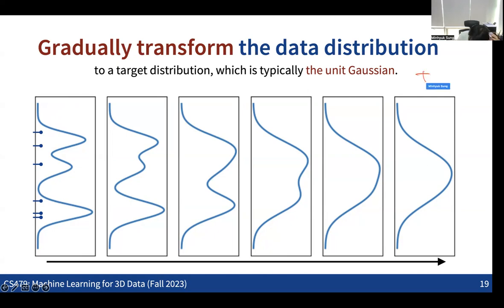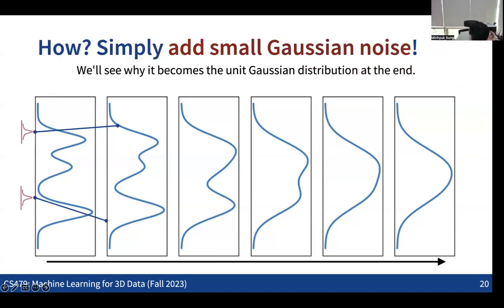This is the target distribution. What we are going to do is gradually convert each of the data distribution so that it finally becomes this target distribution, which is the unit Gaussian. The way we make this transformation is actually quite simple. For each of the points in this space, we perturb the position of the point with some small Gaussian noise.